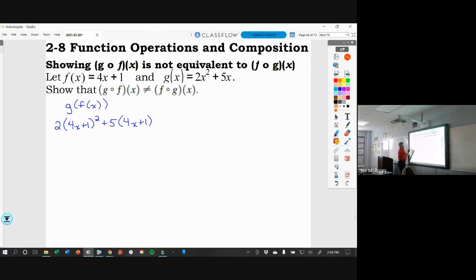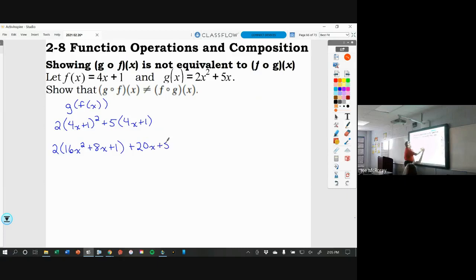Correct. 16x squared plus 8x, 4x and 4x is 8x, plus 1, plus 20x plus 5.